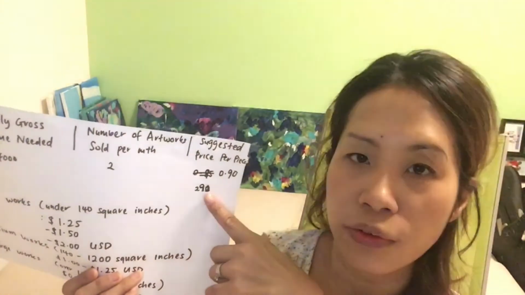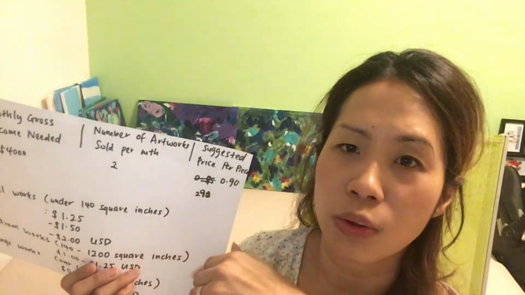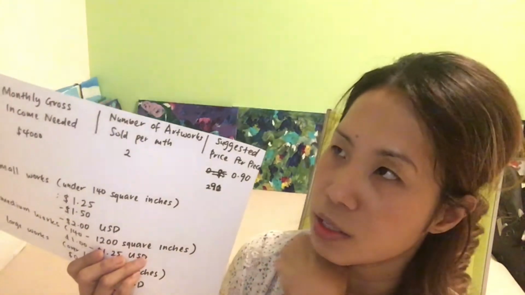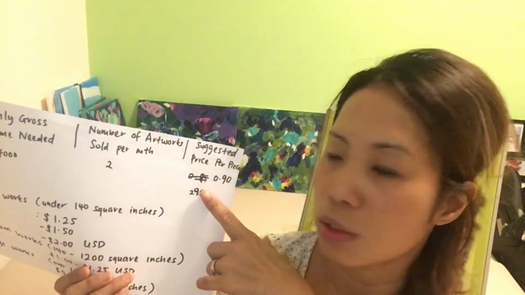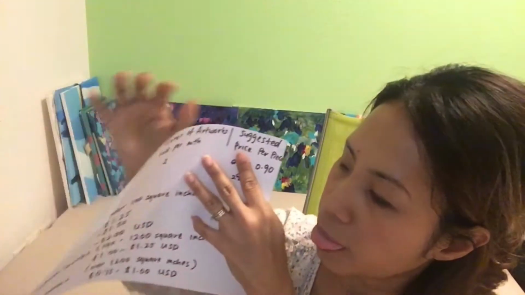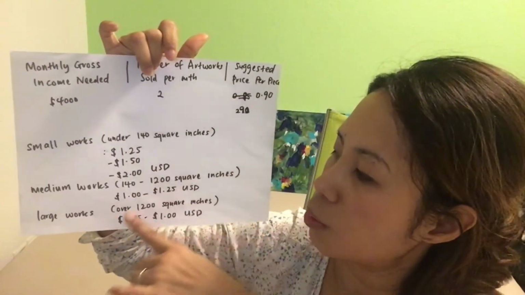And before, did I tell you? I actually priced my art really low, so I'm going to increase that price a little bit more, to 0.9. Like I said, my works are normally medium works.